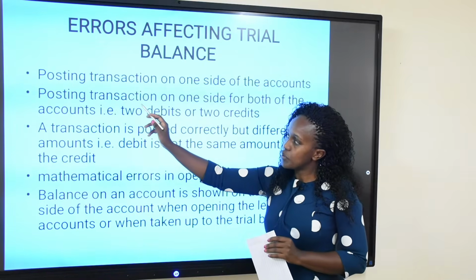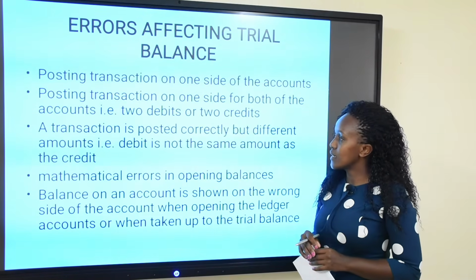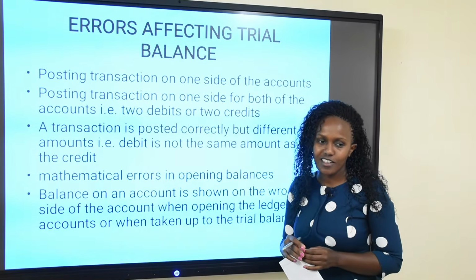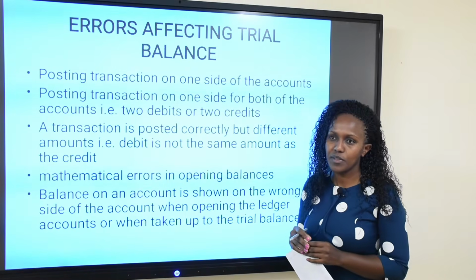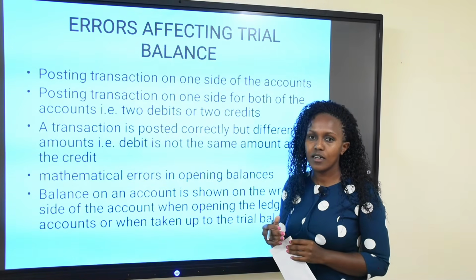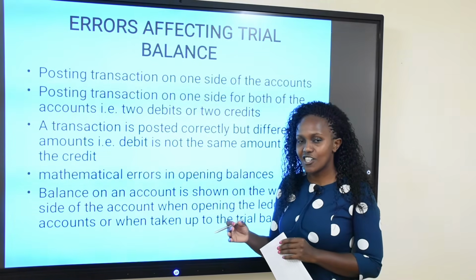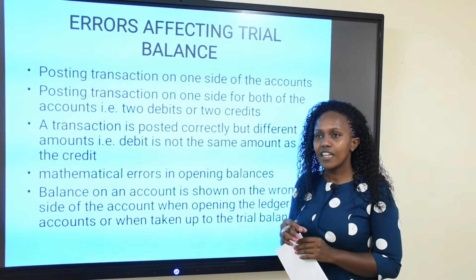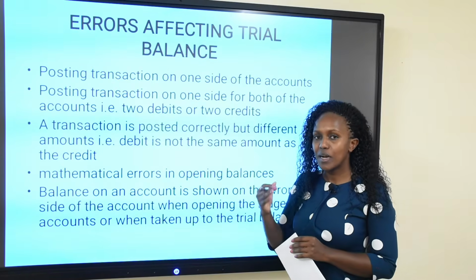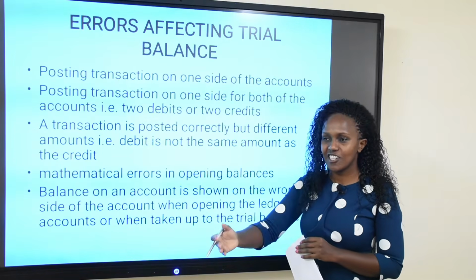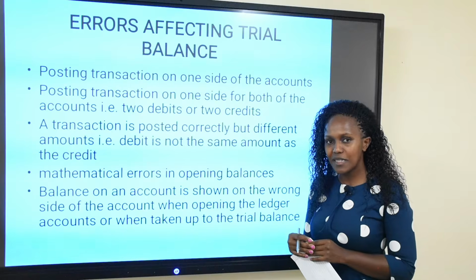Okay, another error would be posting transactions on one side for both of the accounts. Back to my example, you have bought some goods on cash, all right? Then you debit purchases and also debit cash. So here what am I saying?